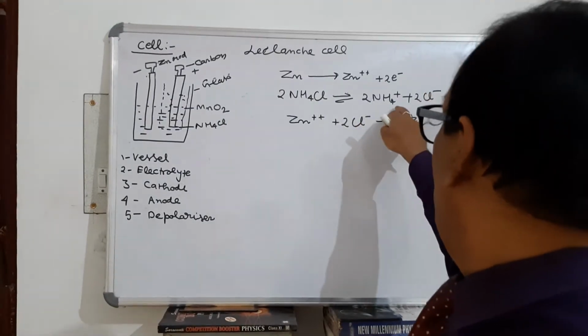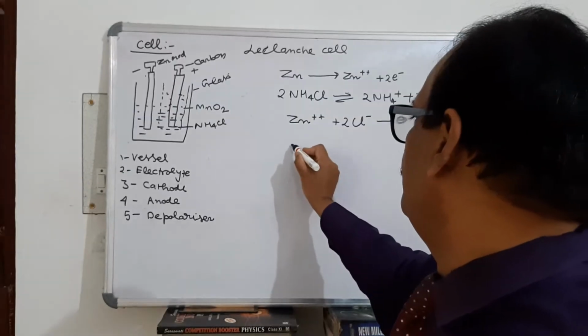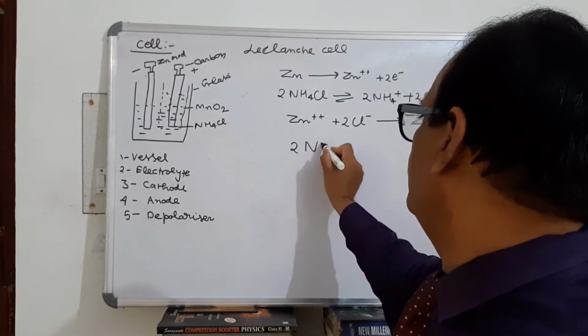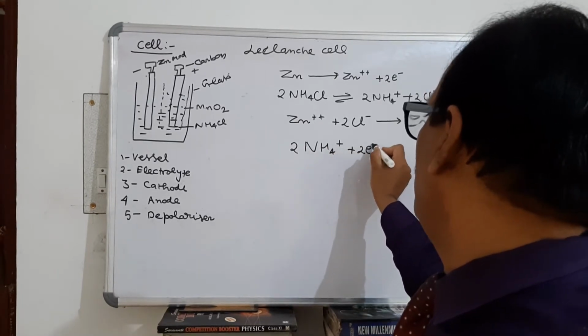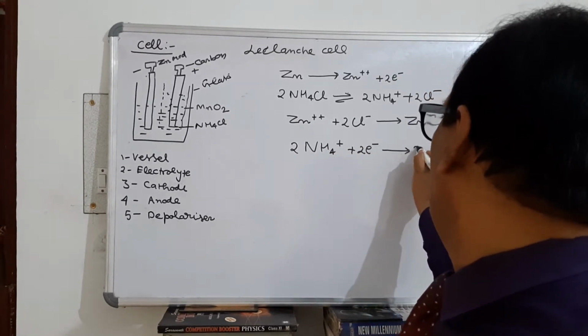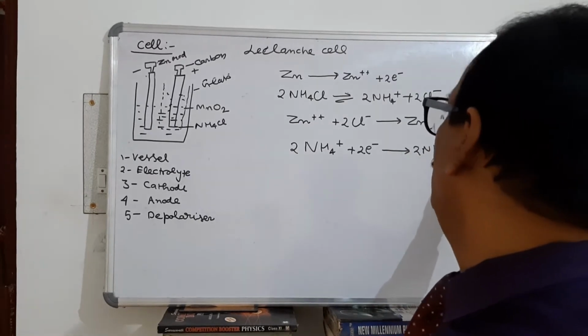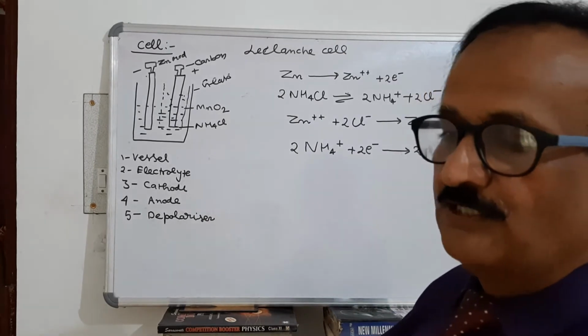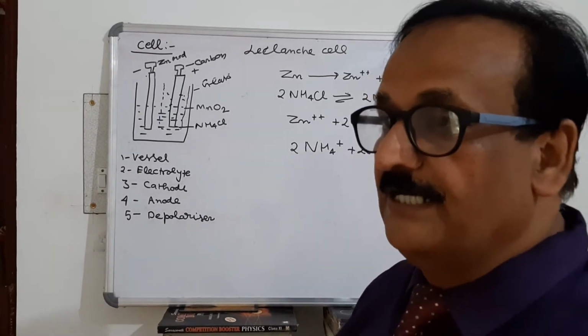Now the ammonium ion drags 2 electrons from the carbon rod: 2NH4+ plus 2 electrons from the carbon rod is converted into 2NH3 plus H2. So as it drags electrons from the carbon rod, the rod gradually becomes electrically positive.